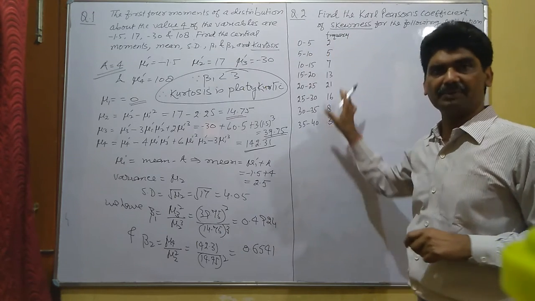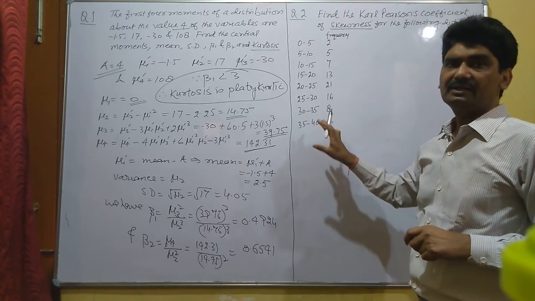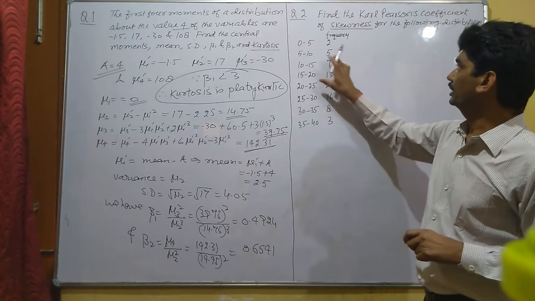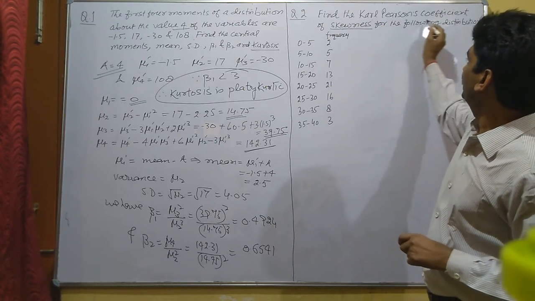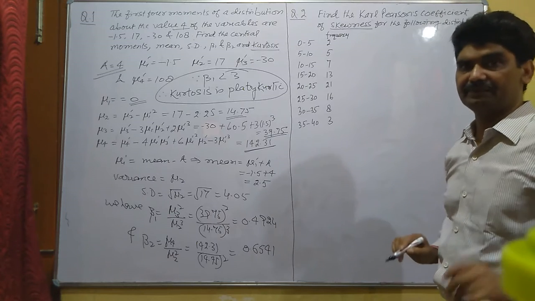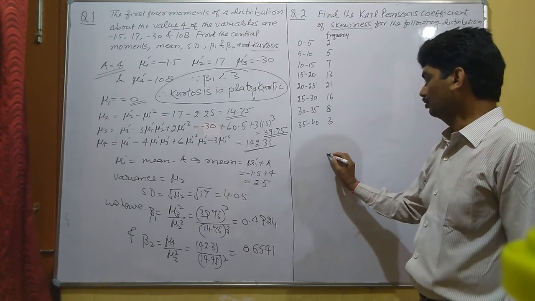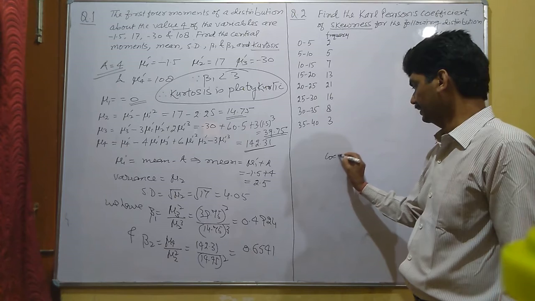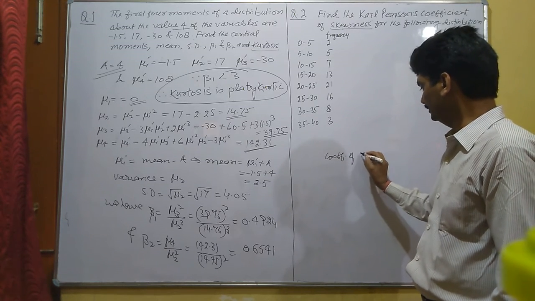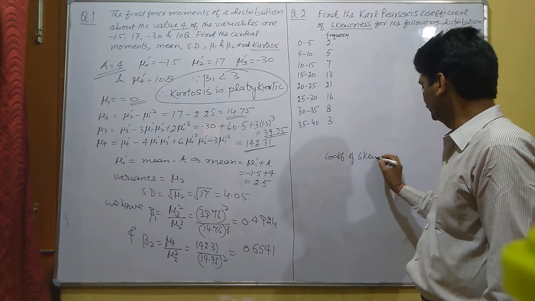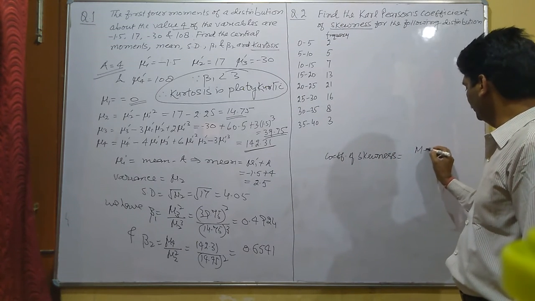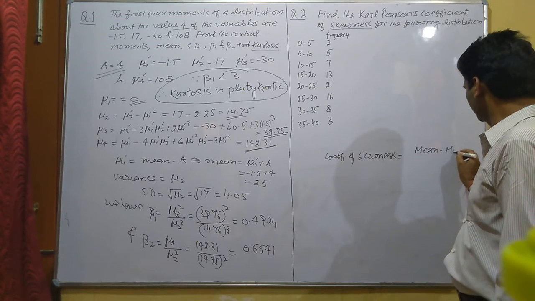It is clear to everybody that it is a grouped frequency distribution, and we have to determine Pearson's coefficient of skewness. By formula, we know that the coefficient of skewness, called Pearson's coefficient of skewness, is mean minus mode upon standard deviation.